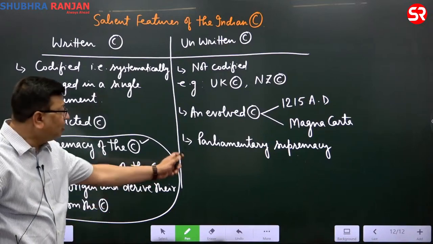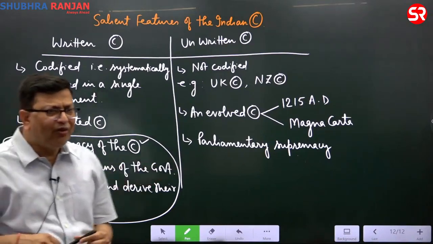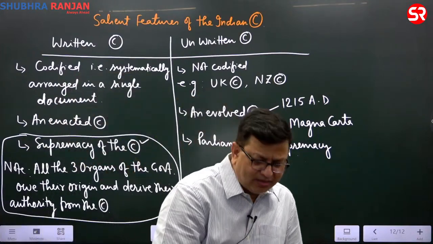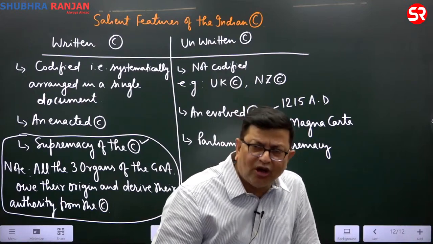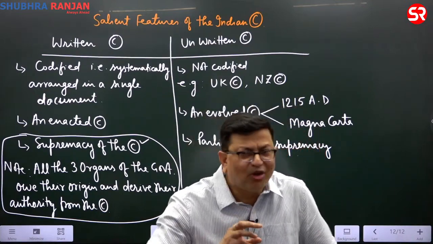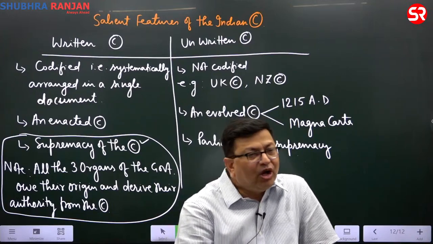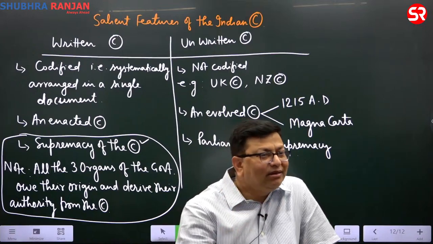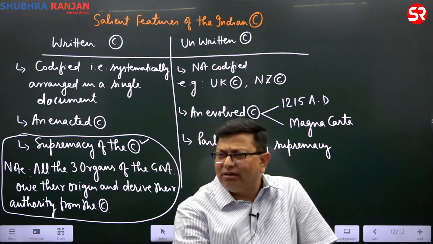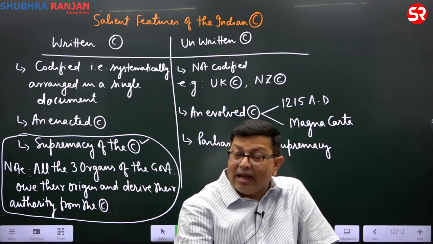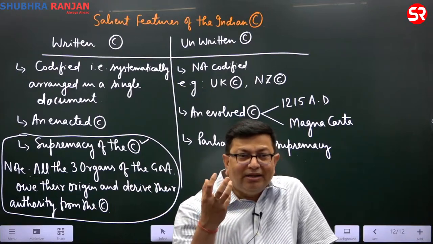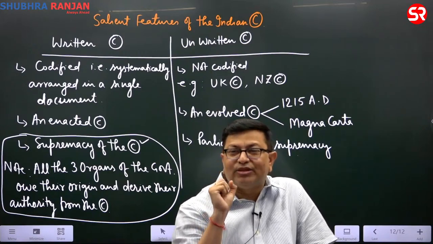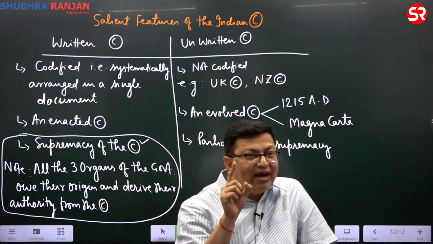Now, coming to this side, when we say parliamentary supremacy, it is one of the most important features of the British Constitution, because in Great Britain there was no authority called the Constituent Assembly. There was no institution, and the Parliament took all the decisions itself. In our country, the Constitution provides for the Parliament.